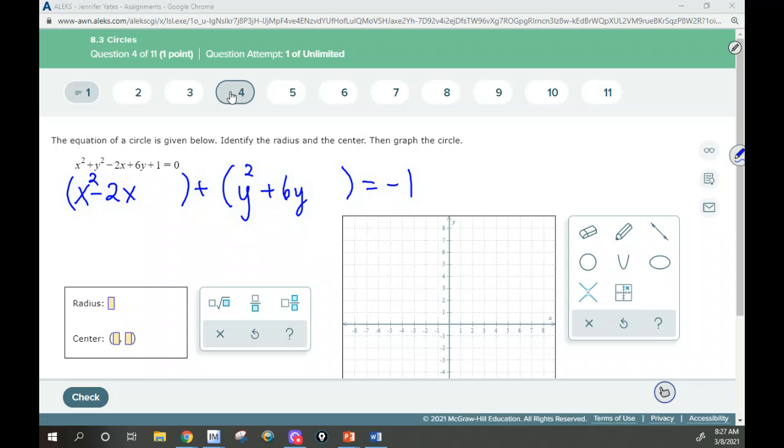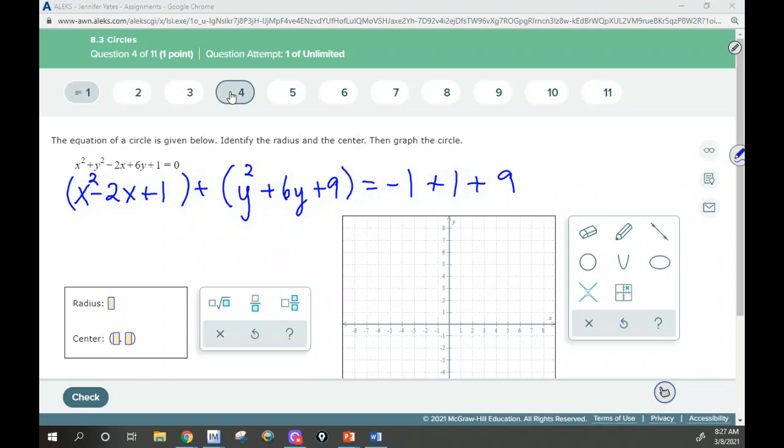All right, so group my stuff, right? Half of negative 2 is negative 1, square it, plus 1. Just change the value of this equation by 1. So what do I need to do on the other side? Add 1. Did you guys ever think you'd be so good at completing the square after last week? You're amazing. Half of 6 is 3. Square it. 9.